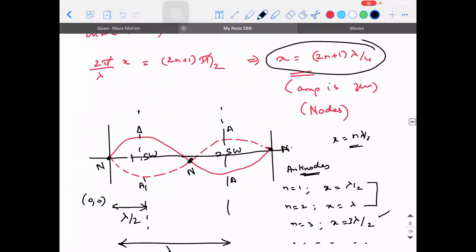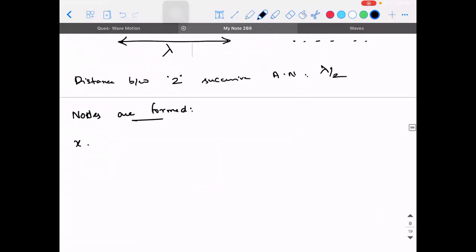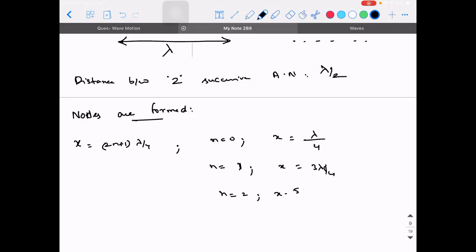So x is equal to (2n plus 1) into lambda by 4. If you put n is equal to 0, you will get x is equal to lambda by 4. n is equal to 1, 3 lambda by 4. n is equal to 2, it will be 5 lambda by 4.